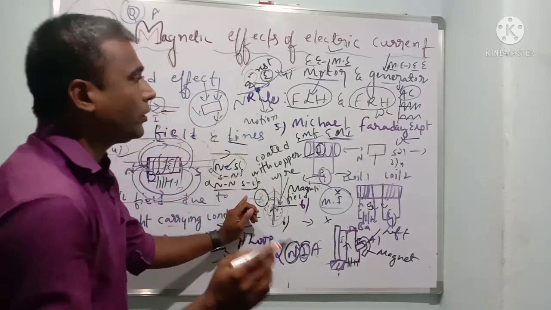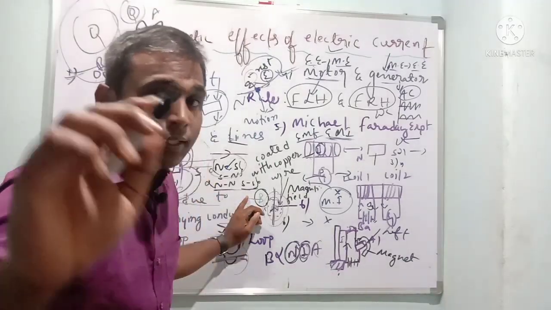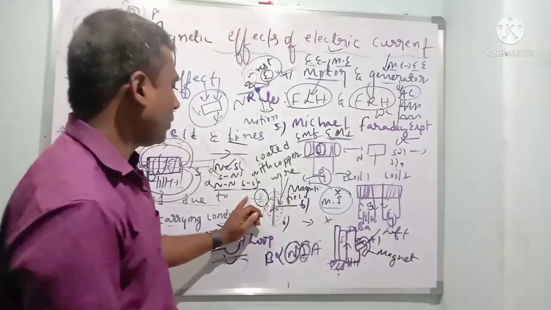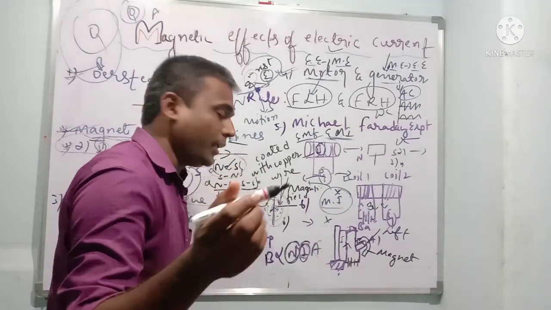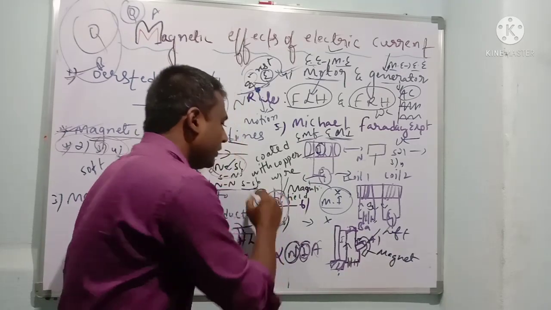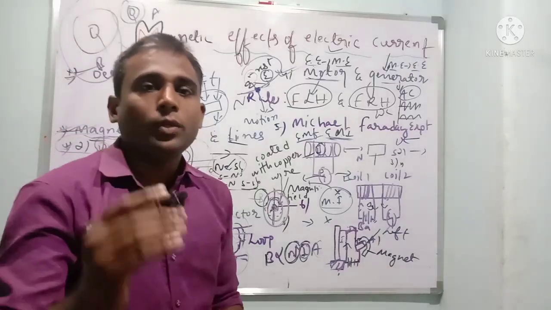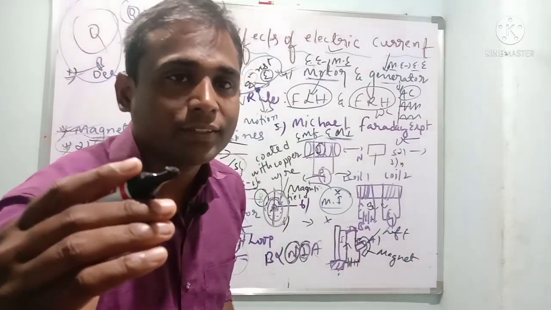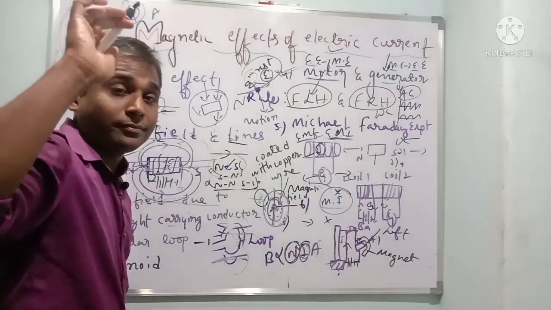Then, as Oersted already told us, a current carrying conductor produces a magnetic field. So if I put some iron pieces or filings, they are going to form an encircled way. This means the current is going to produce a magnetic field according to the Oersted effect.